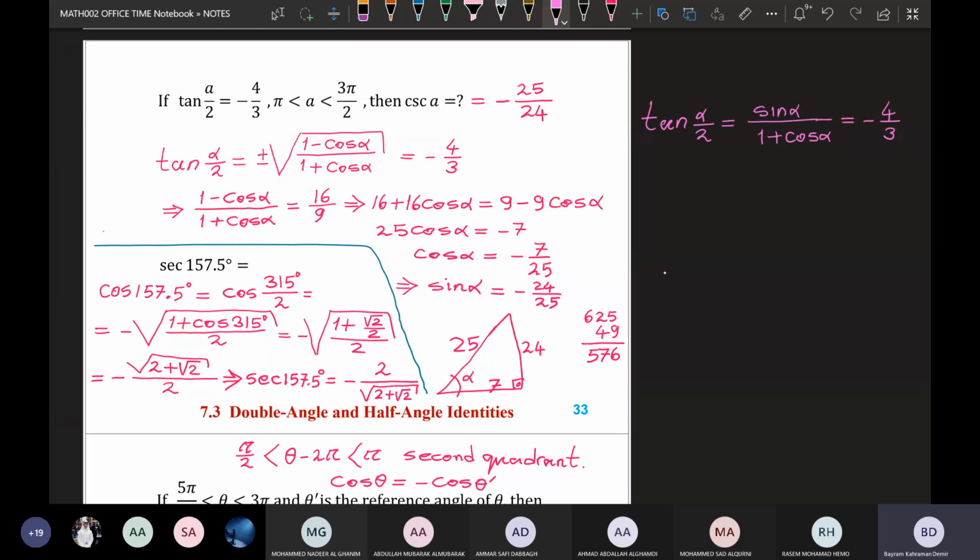Now, why did I choose this formula? You multiply the cross, cosine alpha is negative 7 over 25.